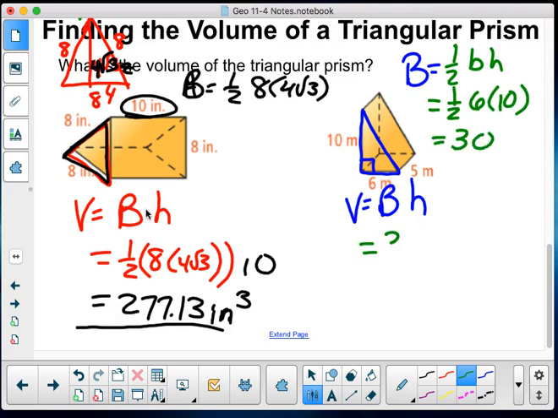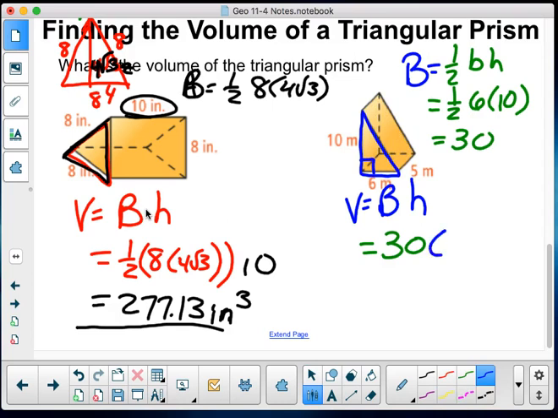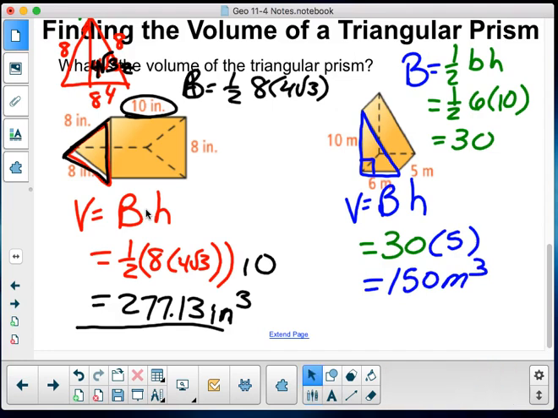So now I know that's 30 times h, and remember, my h is this distance here. So how far are these two bases apart? Oh, they're 5 apart. So this is 150 meters cubed. Remember, volume is cubed, area is squared.